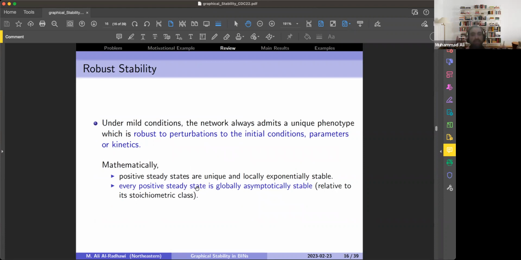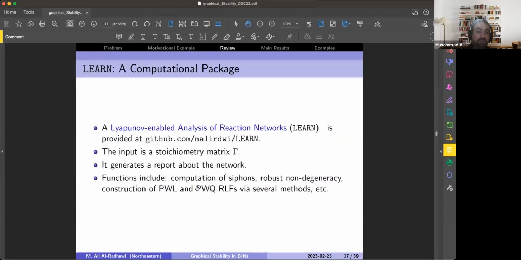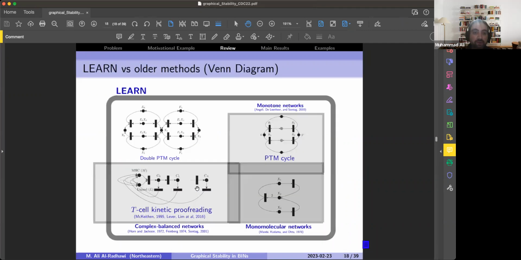This is work I have been doing with my collaborators. We have been developing it for a few years. We have developed a computational package that uses computational algorithms like linear programs and others to find such Lyapunov functions. It has been successful with many networks. These are some examples of the networks that we can study, including networks that were not possible to study using other techniques.